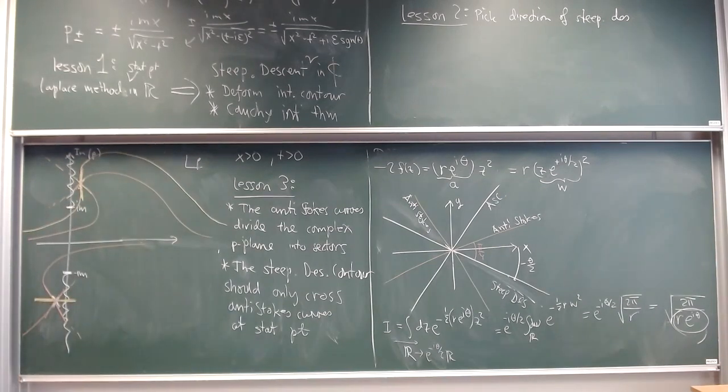So it is actually the correct choice in this sense. And this one is prohibited; it gets stuck. We cannot deform it to get to the real axis without crossing Stokes lines.